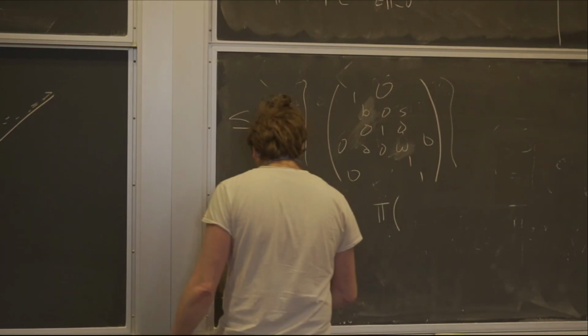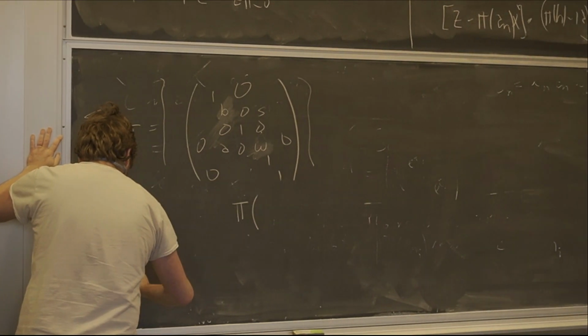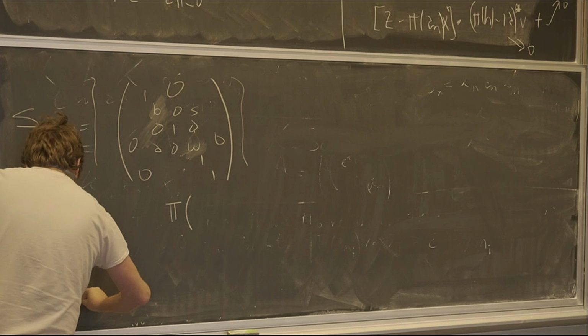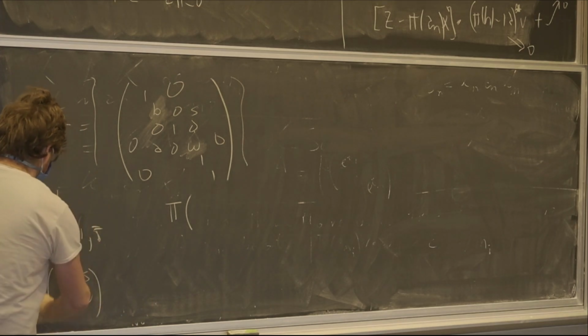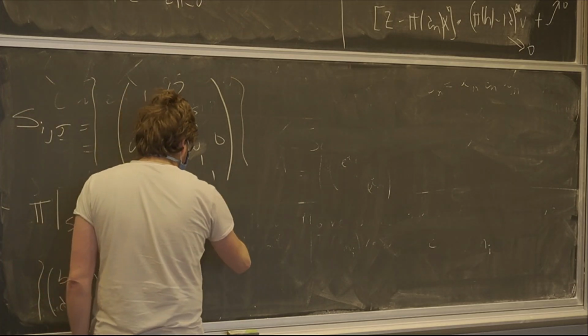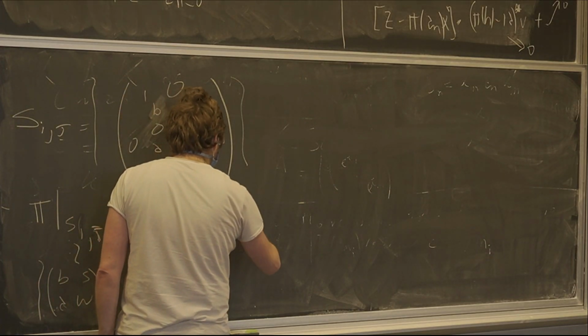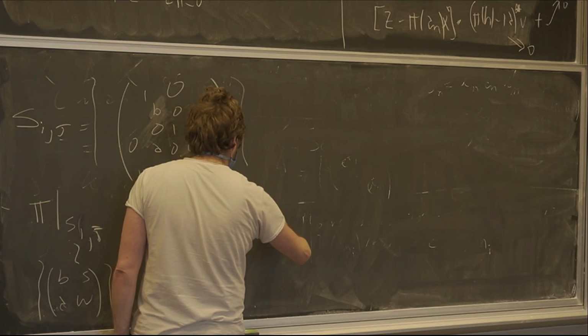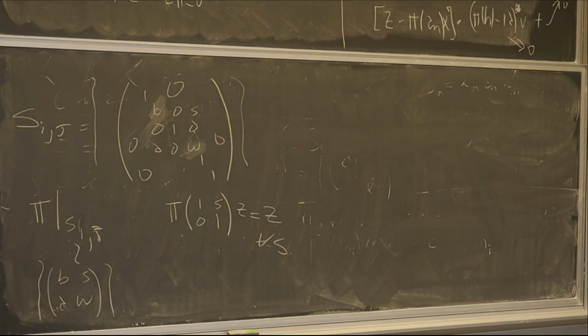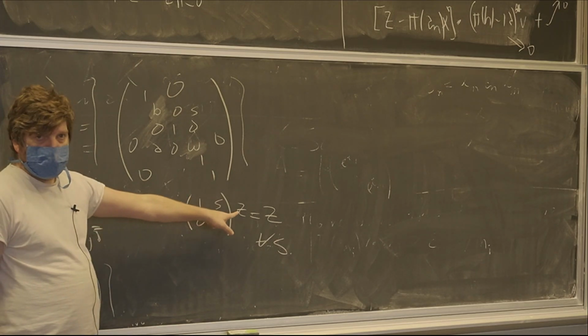Let me do the identification now, this b, s, a, w with the b, s, a, w here. And then through this identification, I get this fact for a, b, s. So for this SL2R representation, this upper guy has this invariant vector.